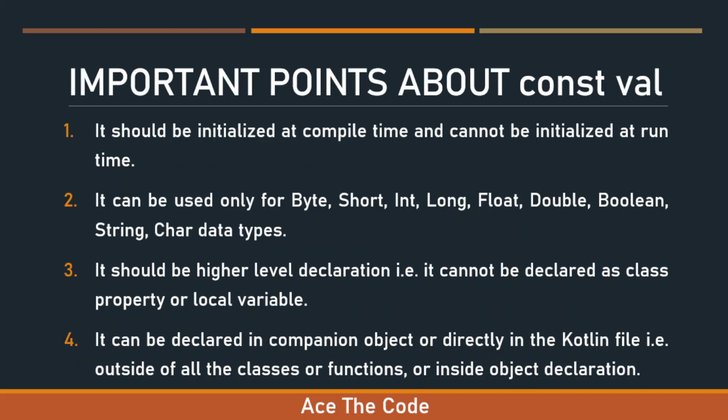In that also we can have a value which cannot be changed later, and const val also seems similar, but there is a big difference. We are going to discuss the difference between var, val, and const val. Before that, let's try to understand practically how to declare the const val type of declaration.